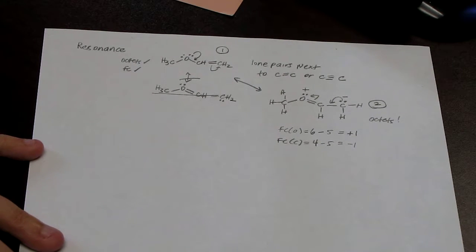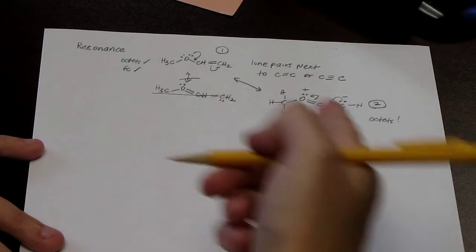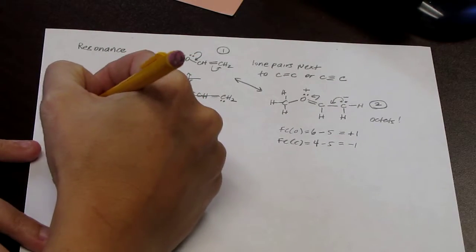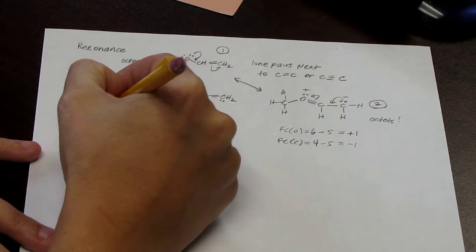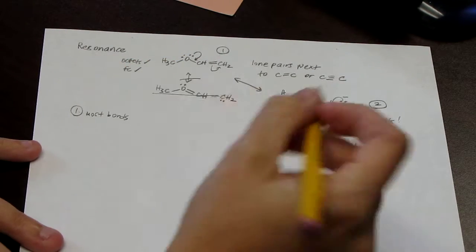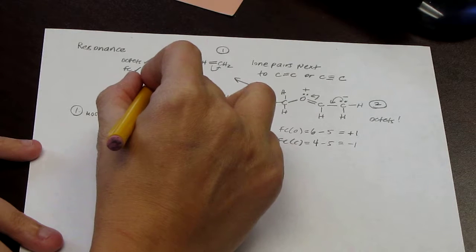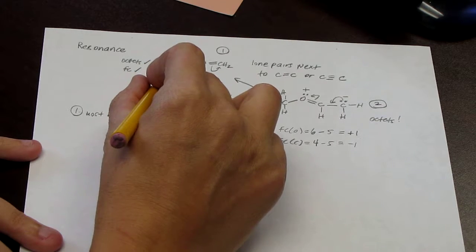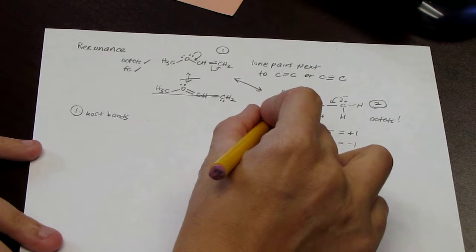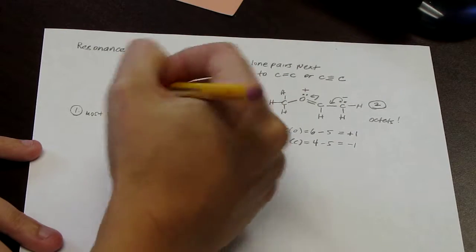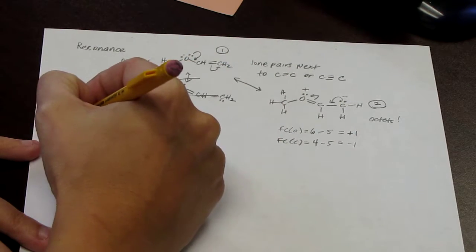So when we talk about the stability of which resonance structure is favored, you want to go through the rules. Number 1, who has the most bonds. If we don't count the hydrogen bonds and we just count the main ones, we have 1, 2, 3, 4. 1, 2, 3, 4. So they both have the same number of bonds.